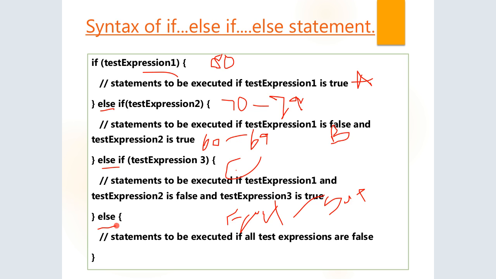Point to note: if you're using else without an if, you are not allowed to provide a condition. Else without an if does not take a condition. Else alone only picks the other side of the condition that was tested.